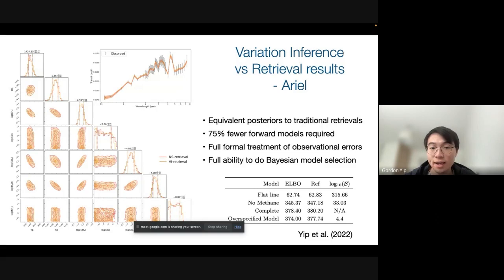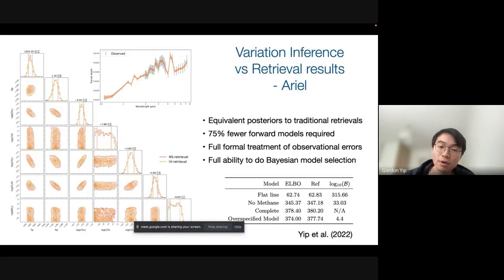And with that, we can use 75% fewer forward models, because every computation of a forward model takes time and resources, and we are able to reduce that by 75%. Also, using the evidence lower bound objective function, we are able to do model selection based on the value we get, and say which model is the best.